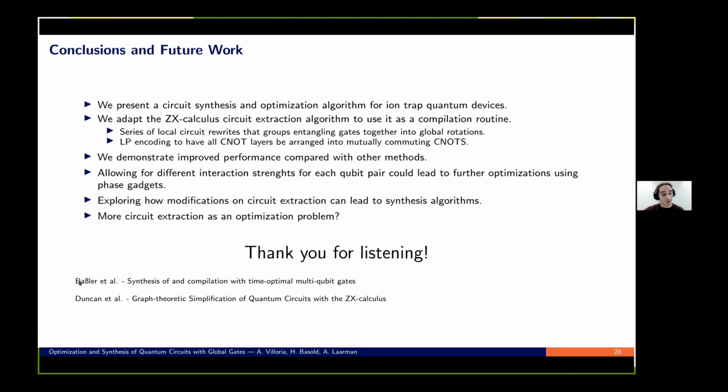And this paper by Pascal Baßler, on synthesis of and compilation with time-optimal multi-qubit gates, really talks a lot about global gates and all the circuit equivalences that we can use, and how different sub-circuits of bigger circuits can be compiled into global gates.